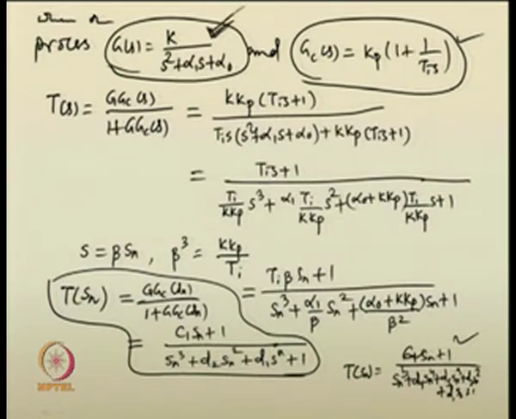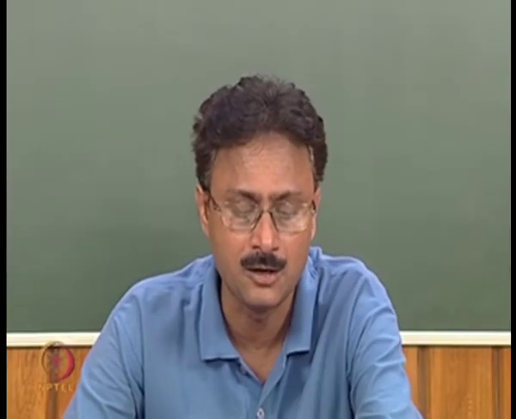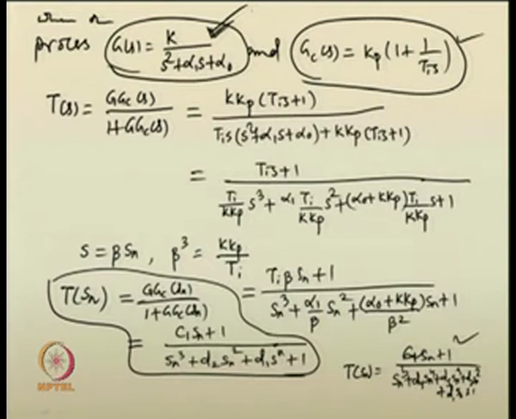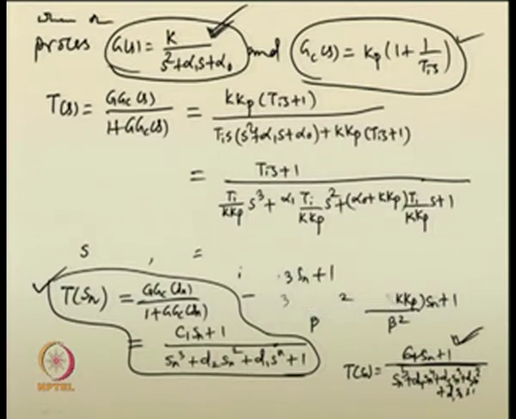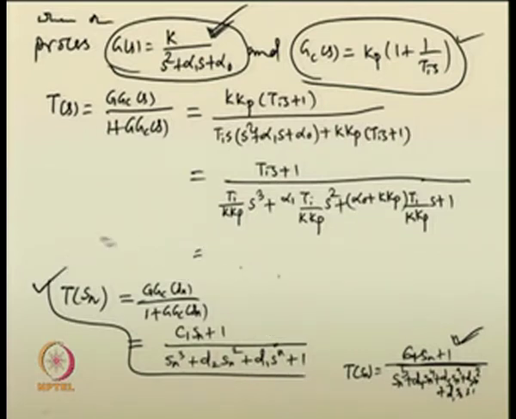because irrespective of the order of the process dynamics, if the process dynamics is available in the all pole form, it is always possible to get the standard closed loop transfer function, expressed with one numerator and a denominator in this convenient form, where the denominator is expressed as sn to the power n plus d(n minus 1) sn to the power n minus 1 plus and so on till 1.